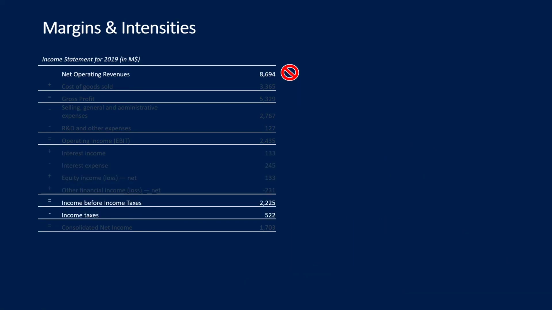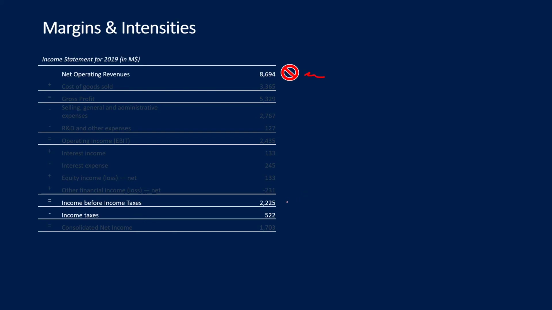If we now go over to the fourth layer of our income statement, the tax layer, again, it doesn't make any sense to divide the income taxes by sales. So keep this in mind, it doesn't make any sense to calculate something like a tax intensity.